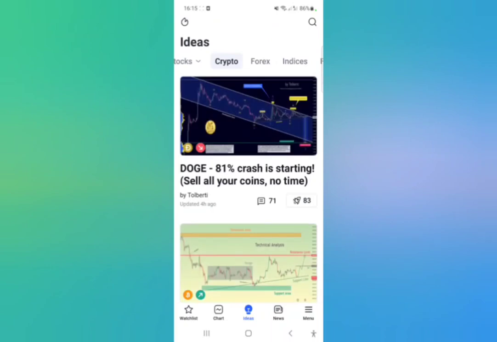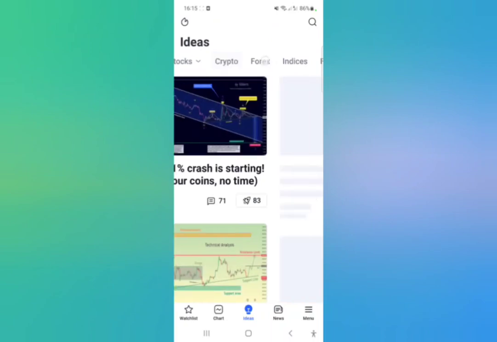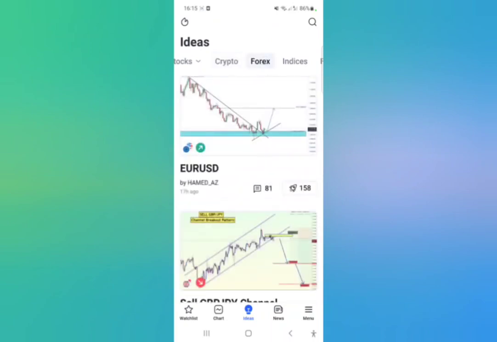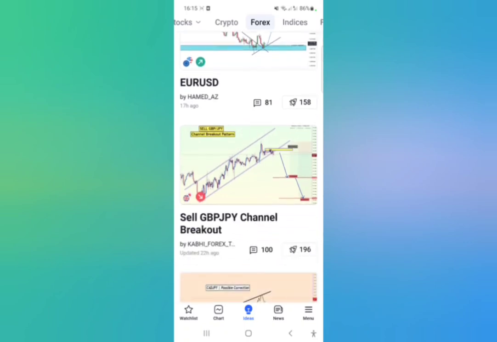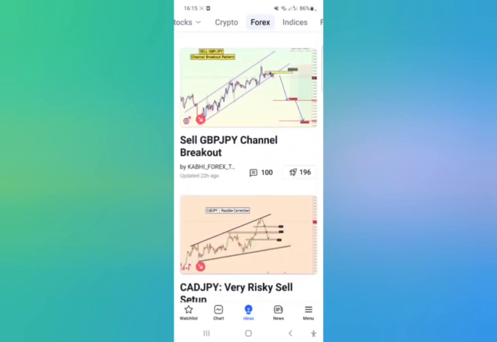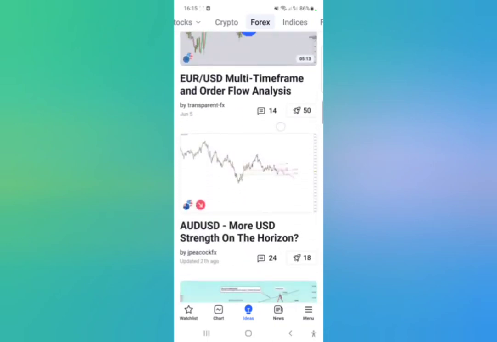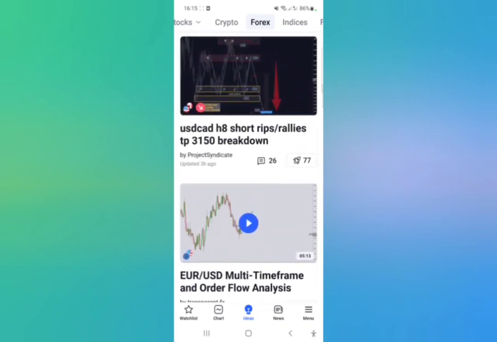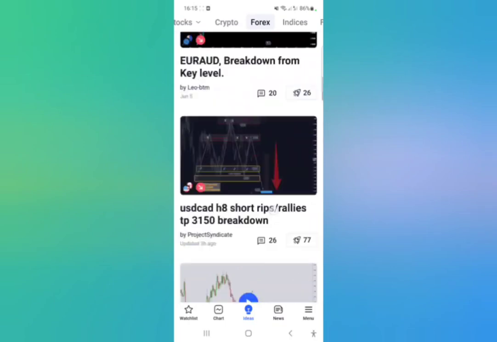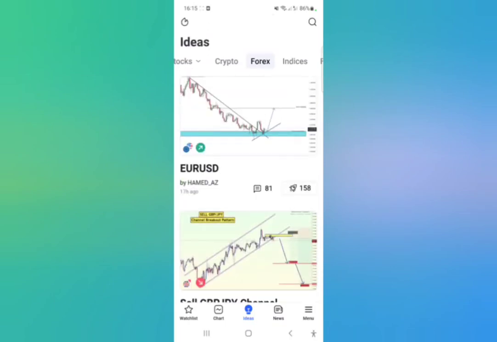Now if you are a forex trader, you want to get free signals from forex, you can just come here and click forex. You can see EUR/USD, you can see sell GBP/JPY. All these things are signals that you can use freely, but you don't just come here and use these signals blindly. The name is what? Ideas.